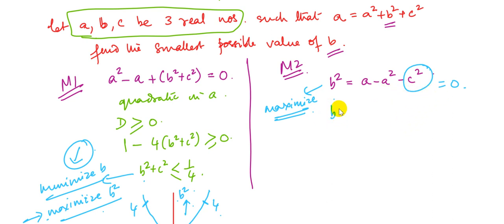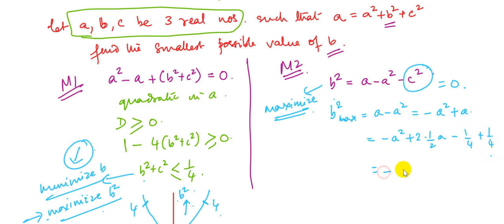So that means b square maximum will be a minus a square, which is minus a square plus a, which is minus a square plus 2 into 1 by 2a minus 1 by 4 plus 1 by 4, which is minus of a minus 1 by 2 whole square plus 1 by 4.